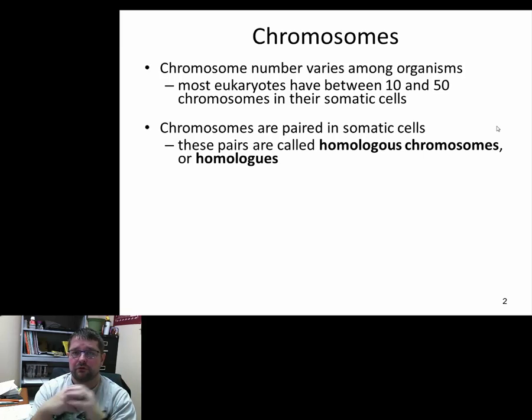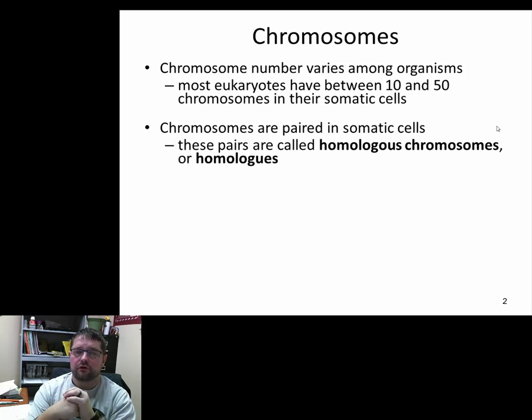So chromosomes probably evolved this wrapping of chromatin or DNA around histones, around proteins, to make them condensed. It probably evolved because the envelope's gone and that DNA still needs protection.